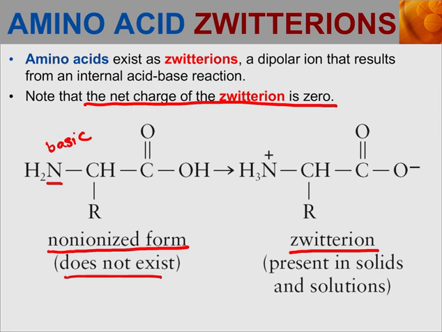So it can grab onto a proton and create NH3 plus on the side. And remember, carboxylic acids are acidic, so they can give up their proton and become CO2 minus. So this doesn't necessarily show how it works, but you could think of it as the carboxylic acid giving its proton to the nitrogen. So they're kind of exchanging that proton. That's not necessarily how it works, but one easy way to remember it.